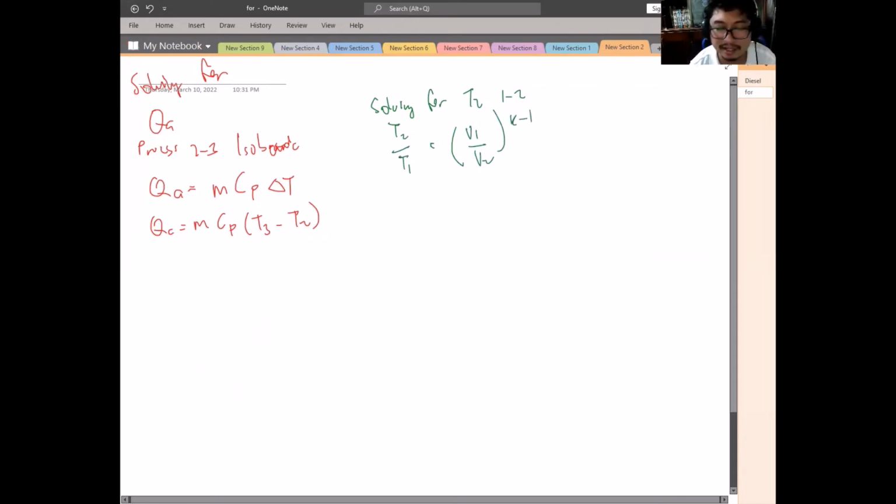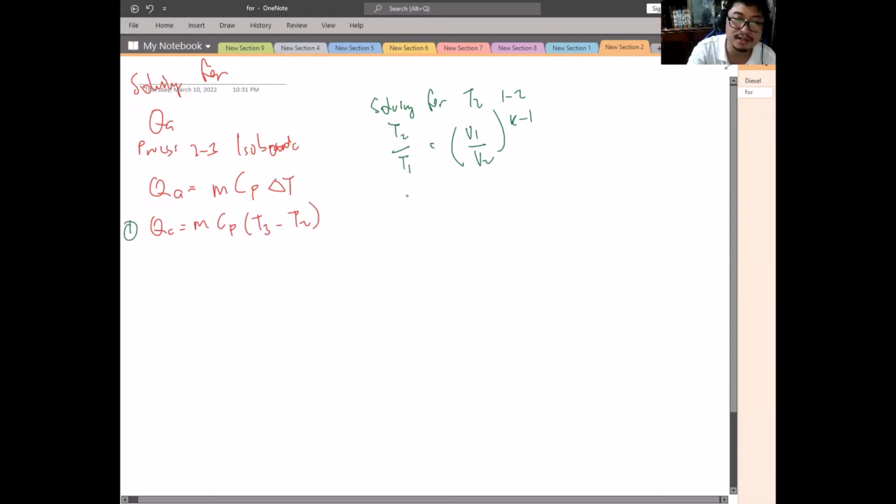We need T2 for the m Cp delta T in our equation 1.